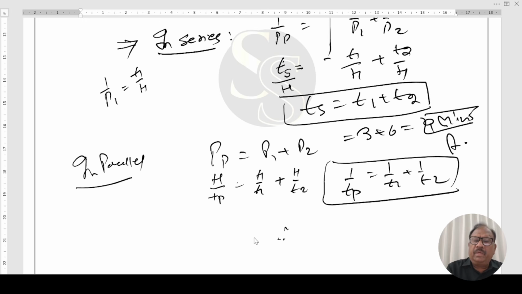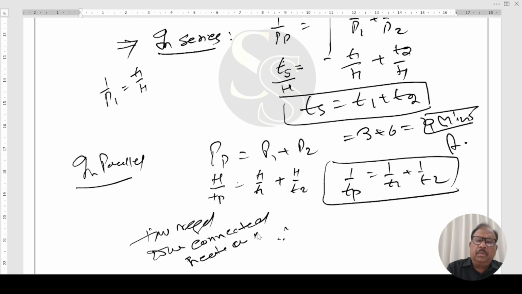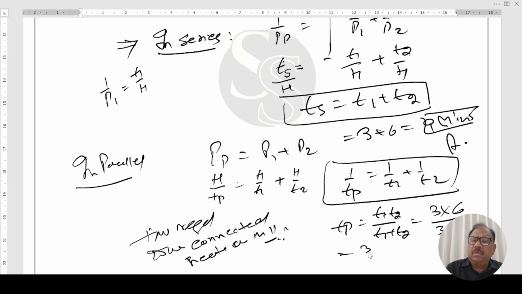Therefore, time required when heaters are connected in parallel will be Tp equal to T1 into T2 divided by T1 plus T2. 3 into 6 divided by 3 plus 6, that is 3 into 6 divided by 9.